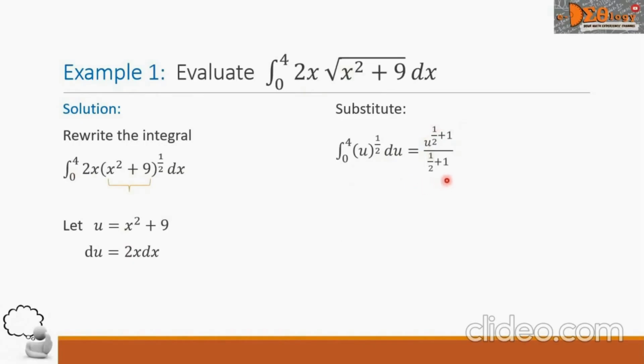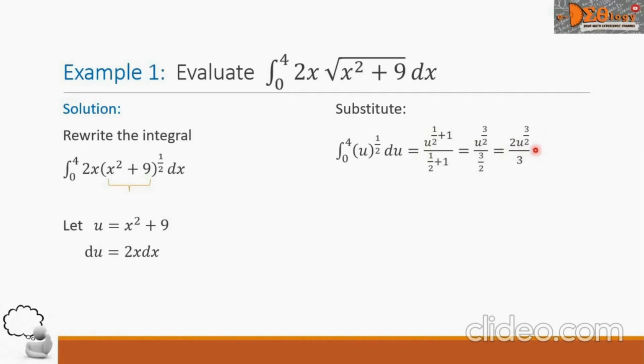The 1/2 plus 1 is 3 over 2. So we write u raised to 3 over 2 all over 3 over 2. Let us simplify this fraction by flipping it up, making the denominator 2 a coefficient of the numerator. So we have 2 times u raised to 3 over 2 all over 3.